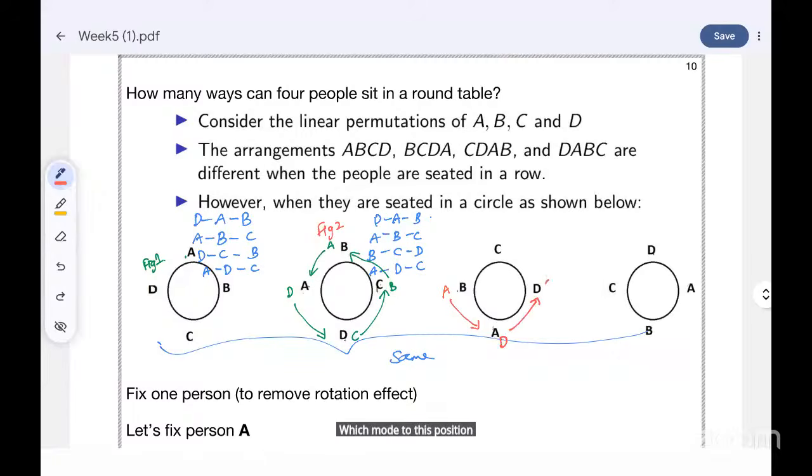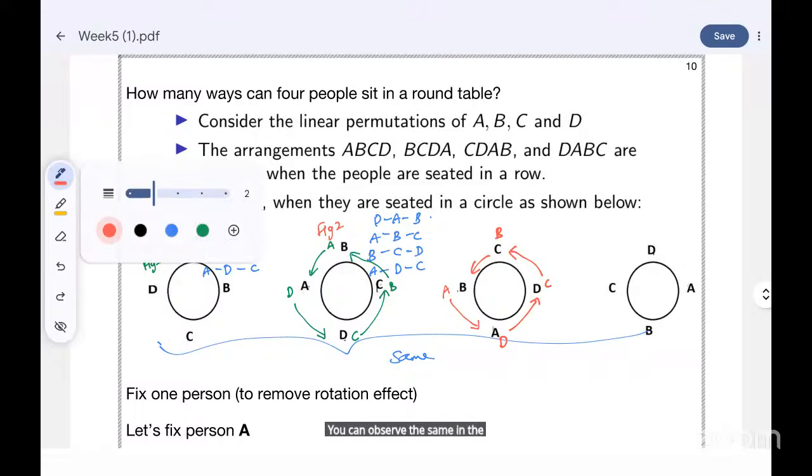Again, the things are just rotating. Nothing has changed. You see what is happening? The position is just rotated. The neighbors are the same. You can observe the same in the next figure also.